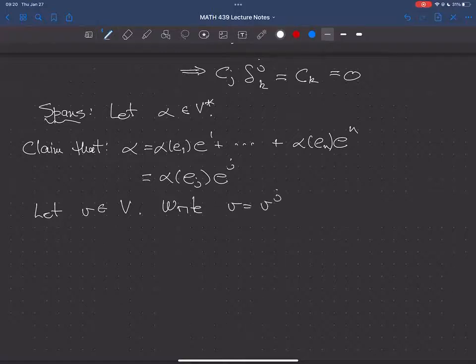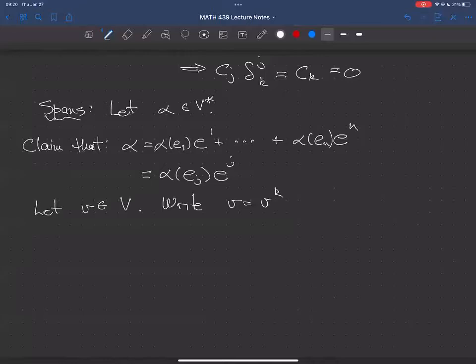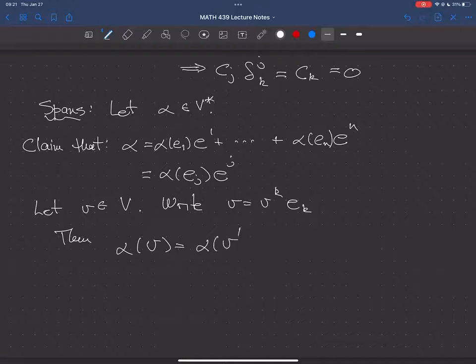And of course, I'm going to write v as a linear combination of the basis vectors. I'm going to use k here because I'm using j in the expression above. So then alpha of v is alpha of the sum of v^k e_k, which, because alpha is linear, I can pull the scalar out front.